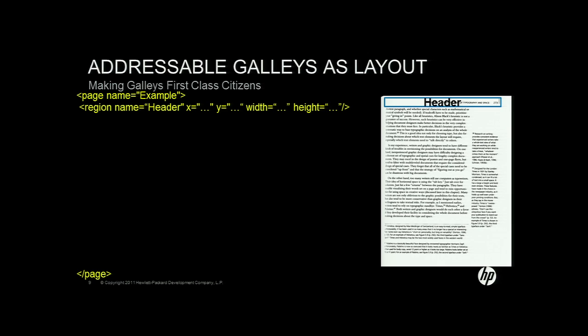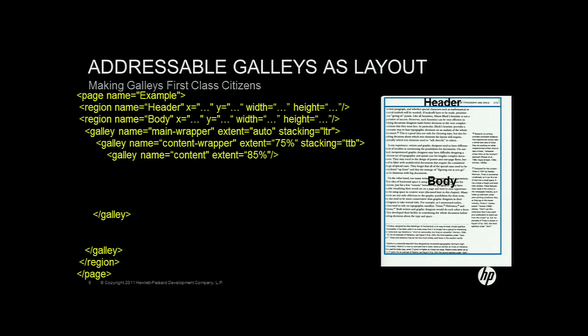Considering the previous example, we're going to have, in this case, two regions, but then the designer can design the galleys. You can say my content galley is a portion of the body region, which is, let's say, 85% of it. And I use a stacking mechanism, top to bottom or left to right, for creating and combining the different galleys.